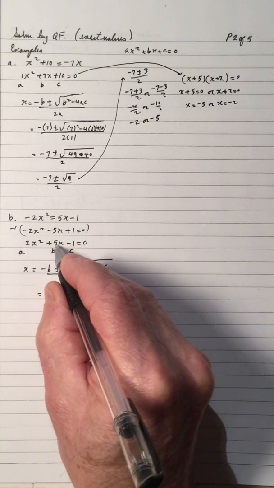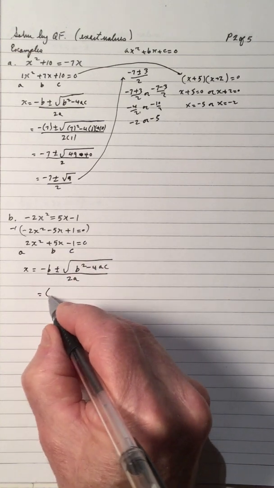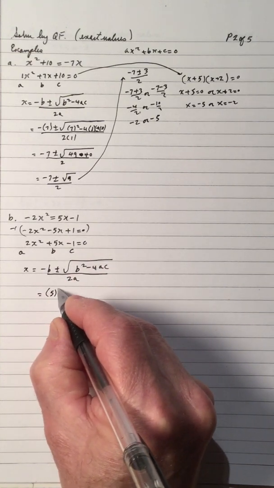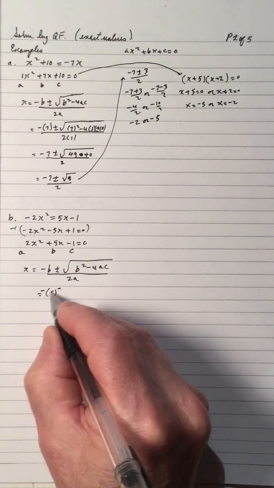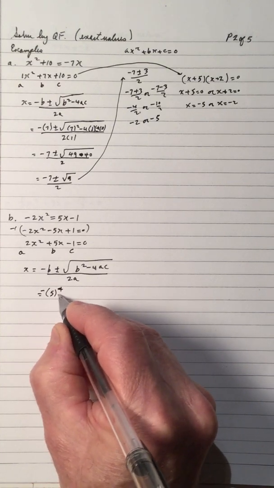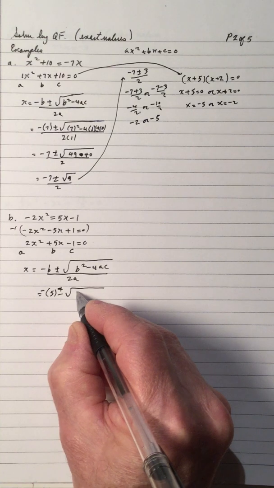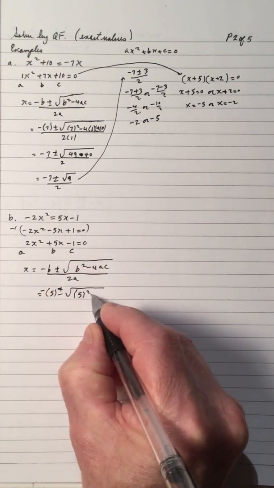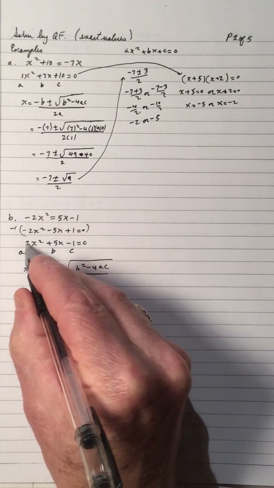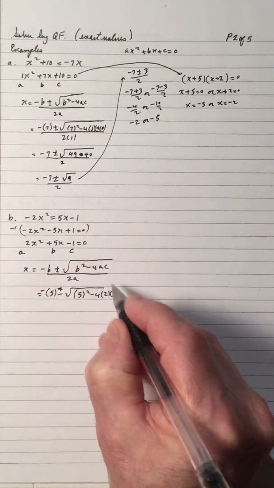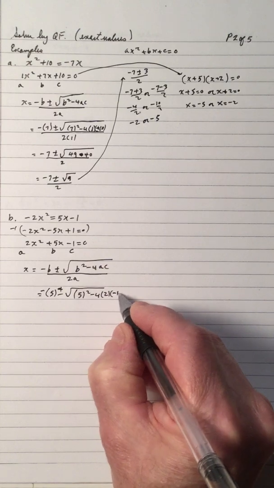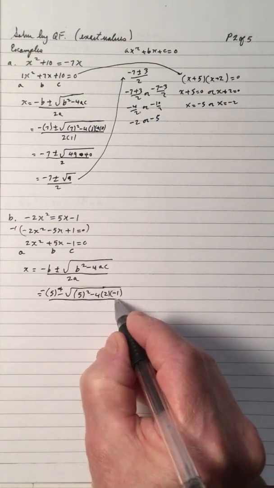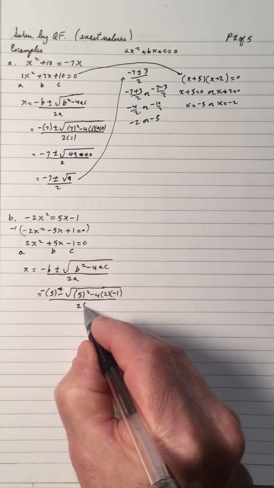So the negative of 5, plus or minus the square root of b squared, so b is 5 again, minus 4, a is 2, c is negative 1, all over 2 times what a is.